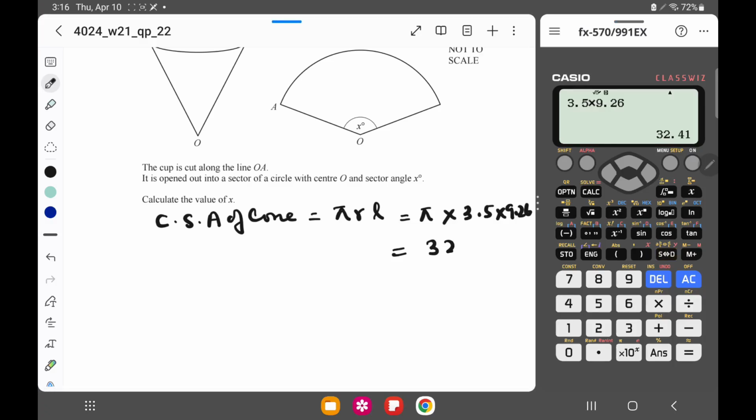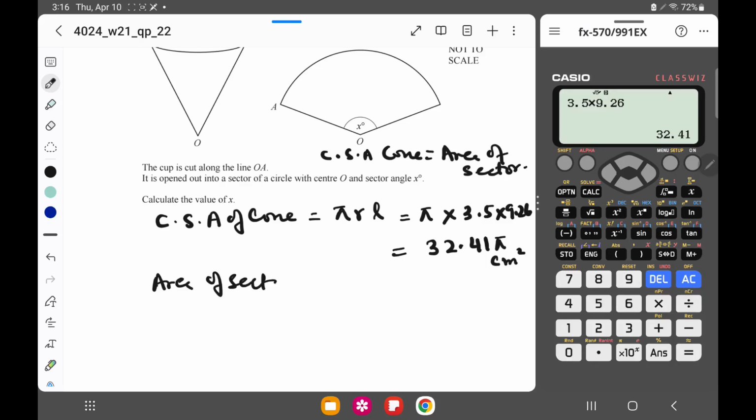That is equal to 32.41 pi square centimeters. This is the curved surface area of the cone, and the area of the sector is equal to it. Remember, the curved surface area of the cone is equal to the area of the sector. We are using this in the question. So now the area of the sector is equal to angle x over 360 degrees into pi r square.